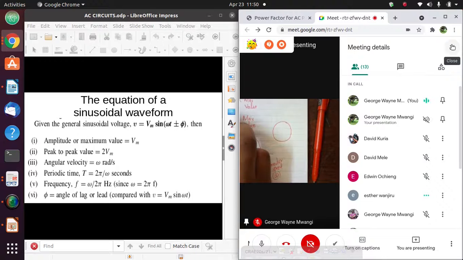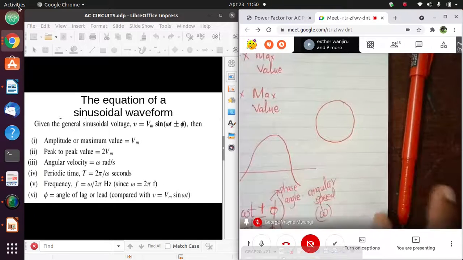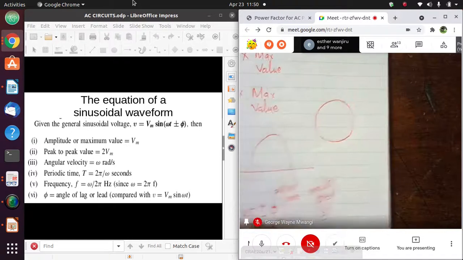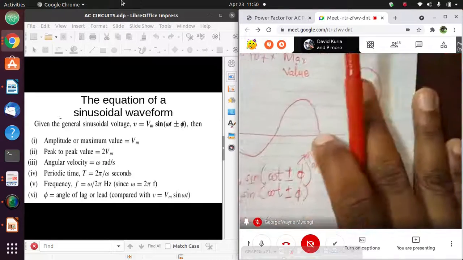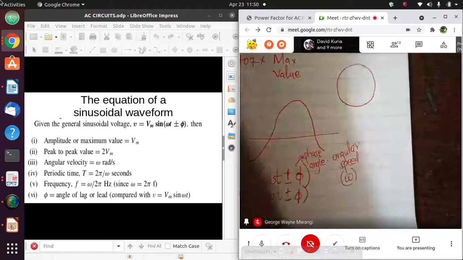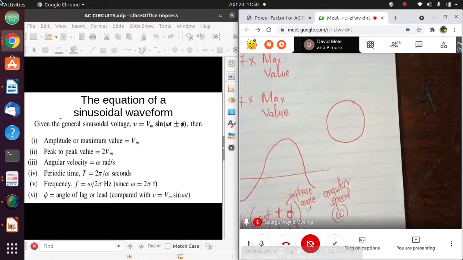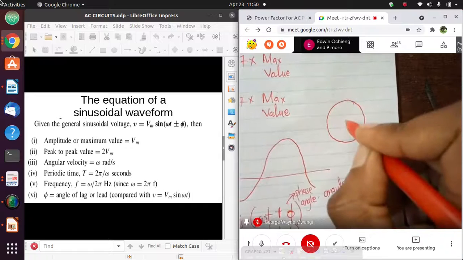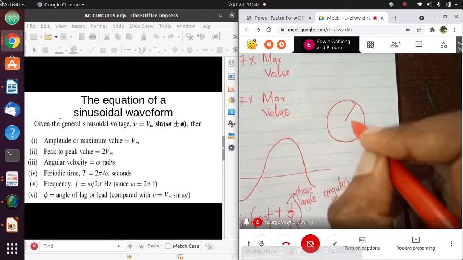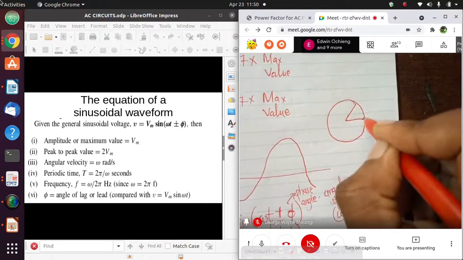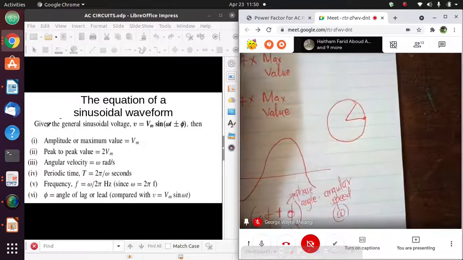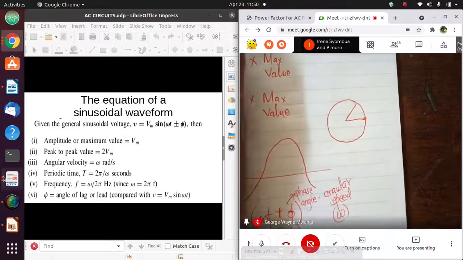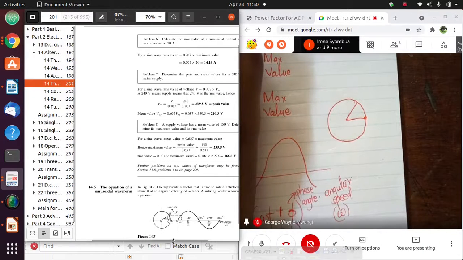Okay. Now how we come up with this formula, nataka tuangalie, we represent that alternating current ama voltage as a vector. We represent it as a vector. What do I mean as a vector? A vector is a number ama a value that has both direction and magnitude.